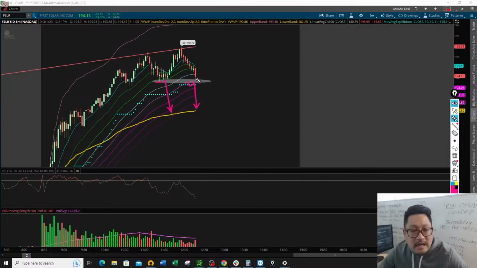A real good sign to look for where FSLR may be struggling to gain ground, and really give us that key visual sign that we're going to work down, is by seeing it rally, getting up near that pricing level, and then start working down again. That will tell us that basically the ceiling may be in.